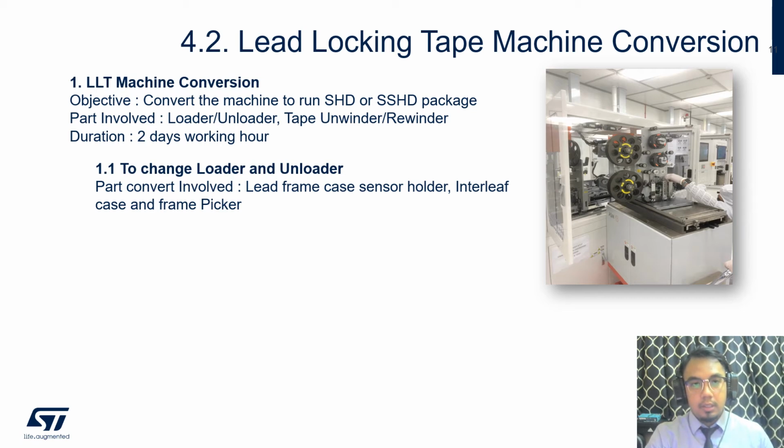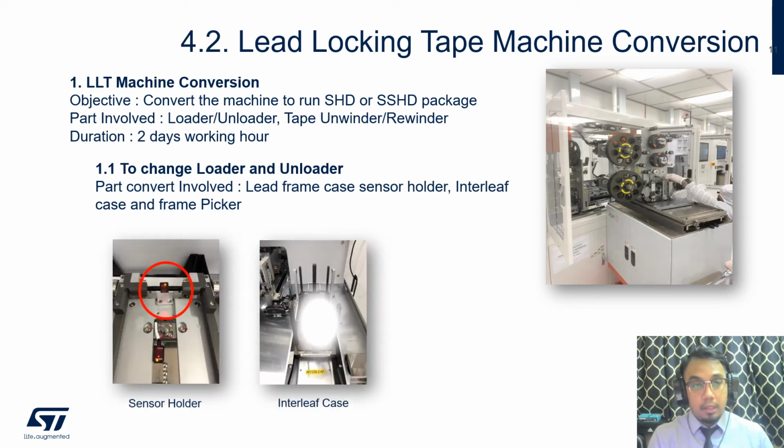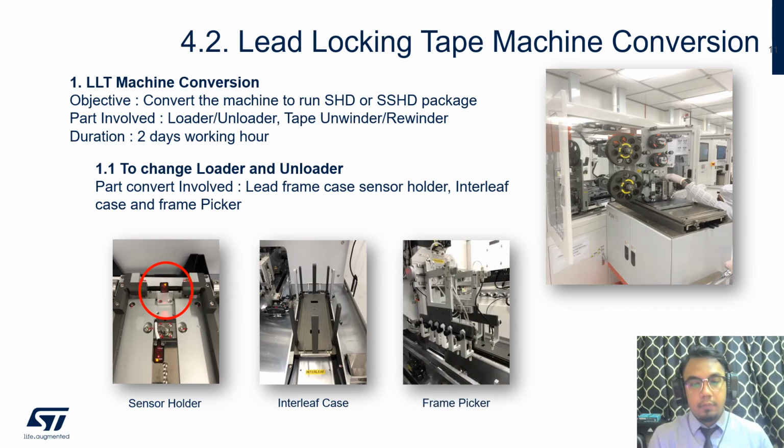In this lead locking tape machine conversion, we have several parts to convert, which are the lead frame case sensor holder, and at the loader and unloader we have to change the sensor holder and the interleaf case, and also for the frame picker we adjust the vacuum picker.